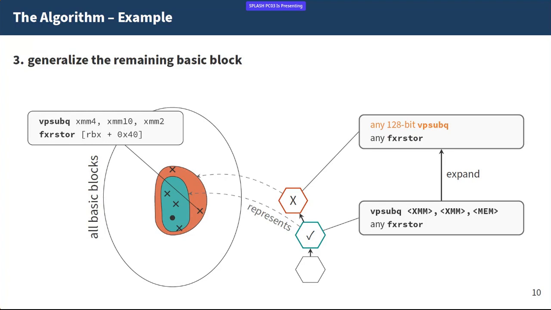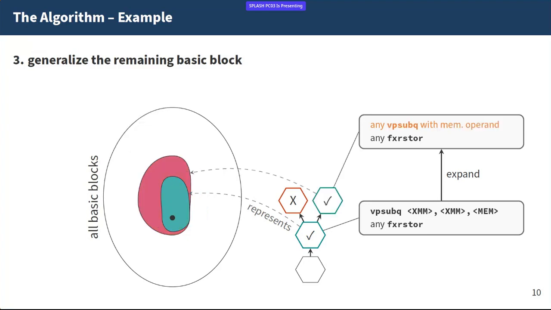In this case, we reject this expansion because it generalized the basic block in a direction too far, and we do not try this way of expanding the basic block again, but instead go back to the previous abstract block and try a different expansion from there.